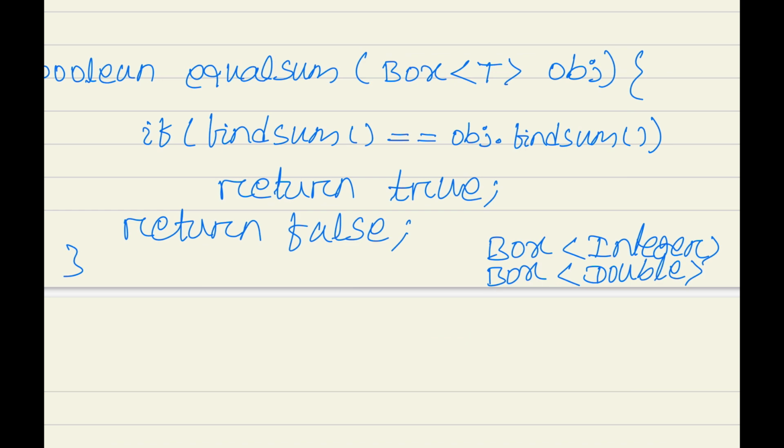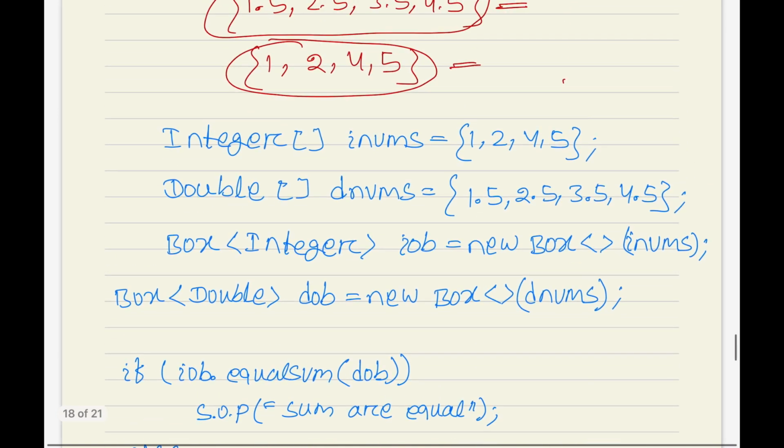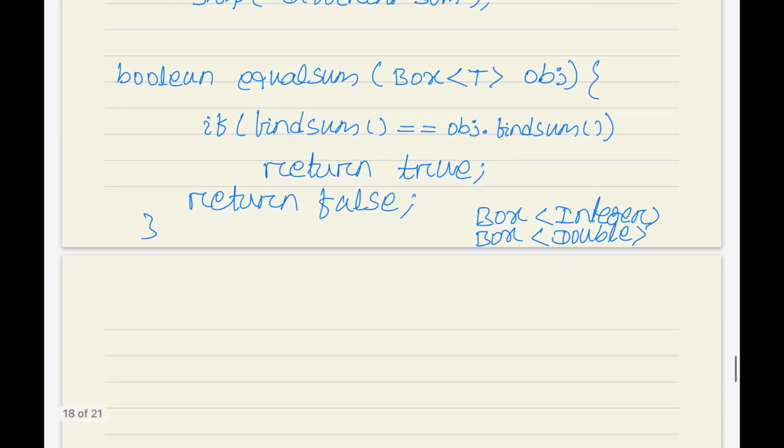But here in our example you can observe, one is for integer, this iob, and this dob is for double. So one type is Box<Integer>, another type is Box<Double>.